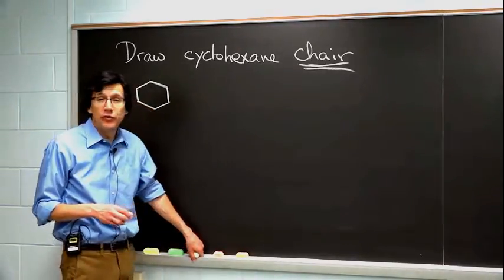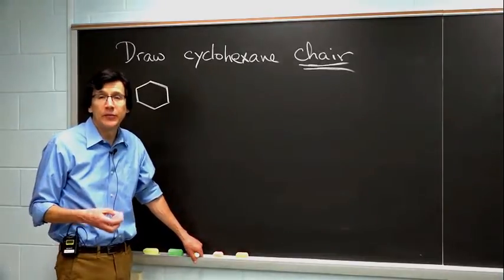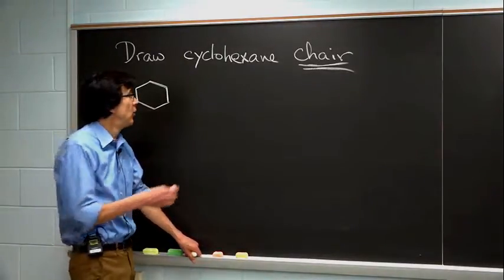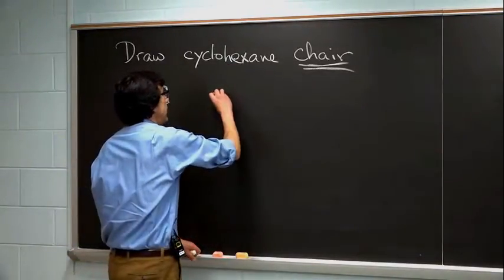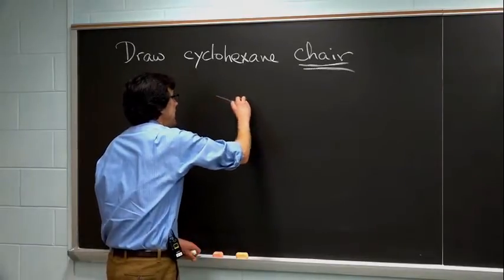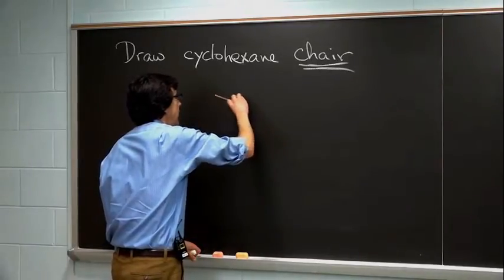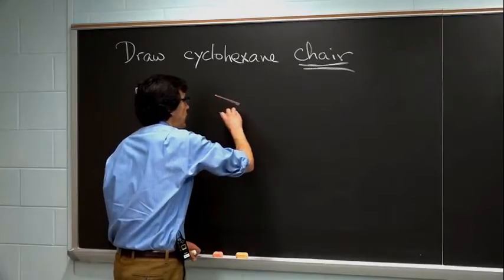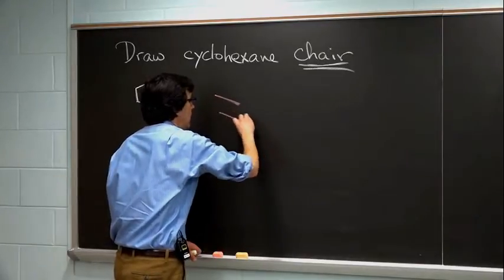Again, to review the drawing tips that we went over in class, one of the keys in drawing the cyclohexane chair is to keep the bonds that are opposite to each other in the chair structure parallel.